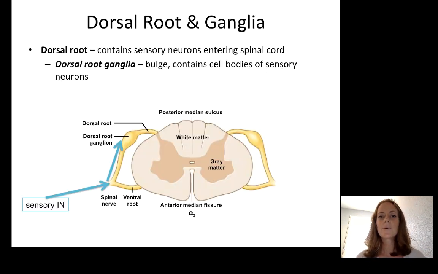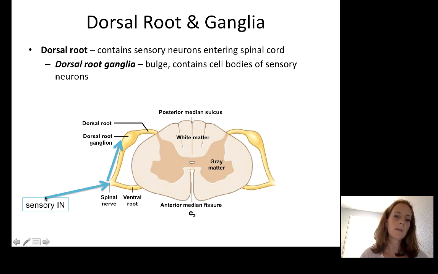So when we say dorsal root and dorsal root ganglia, the dorsal root contains the axons of the sensory afferent neurons coming into the spinal cord. Within the dorsal root ganglion, you will have all of those large cell bodies of the pseudounipolar neurons.